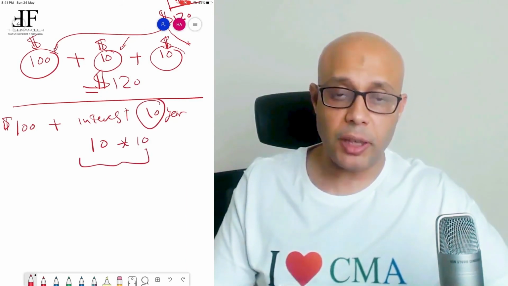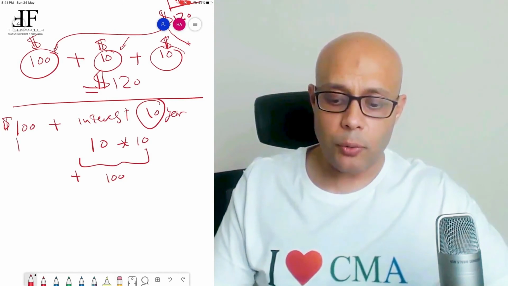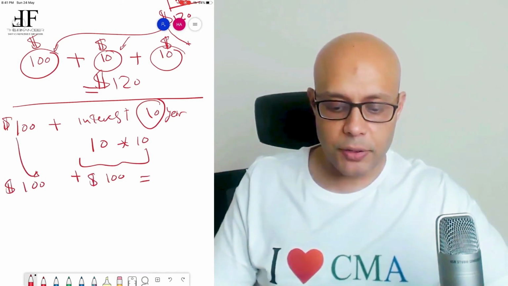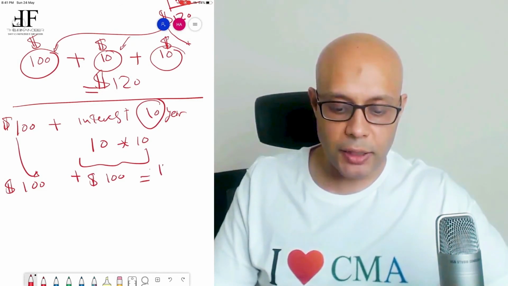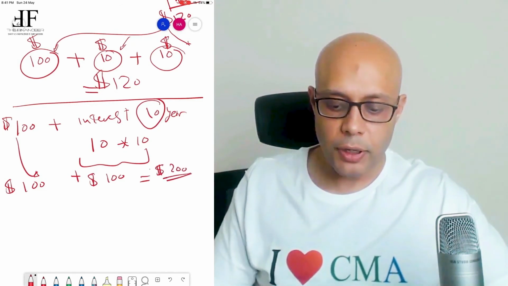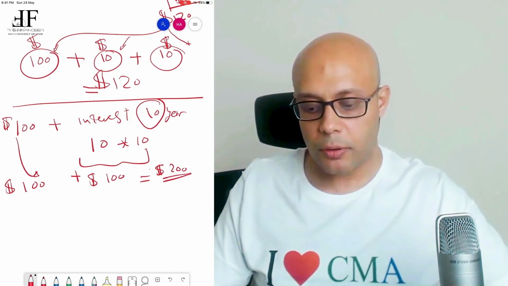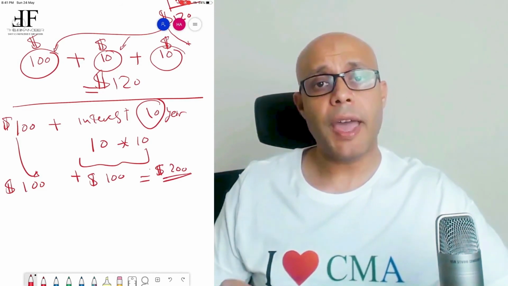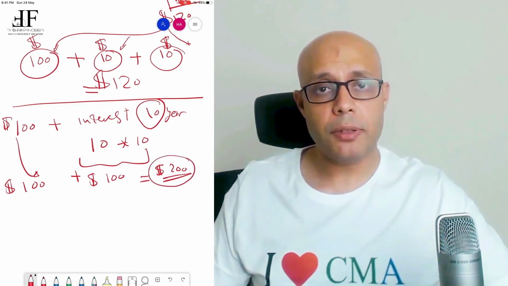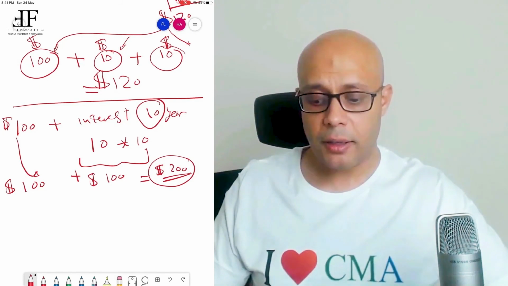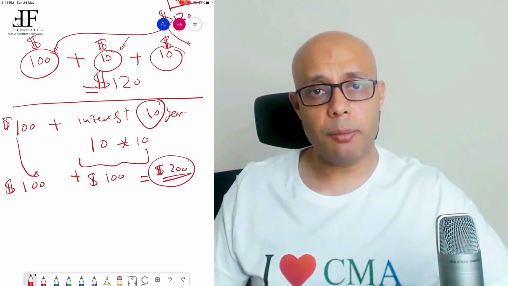So you are going to multiply 10 times the number of years, which is 10. So the interest will be $100, plus the principal itself, which is $100 again. So the result will be $200. This will be the ending balance of your investment at the end of the last year, which is year number 10.